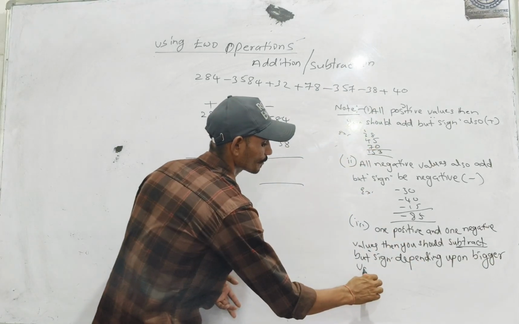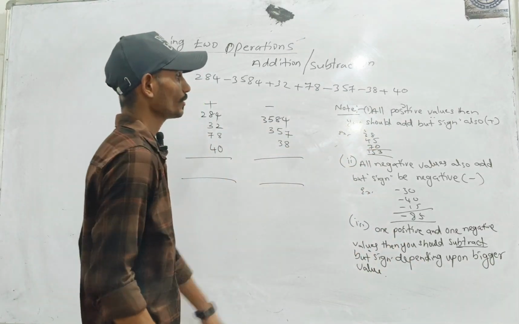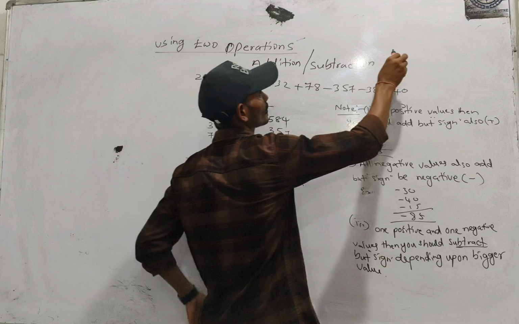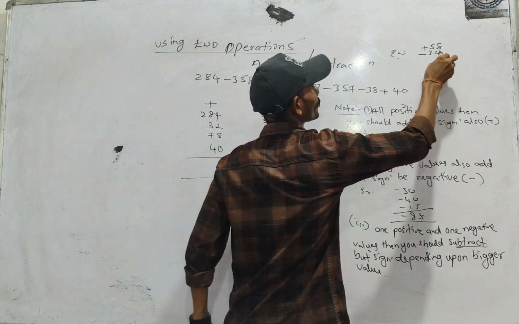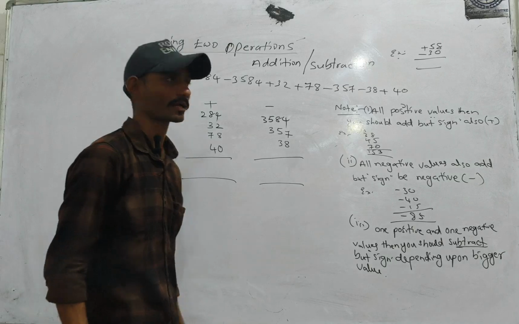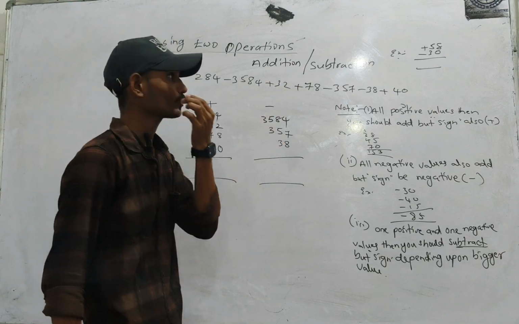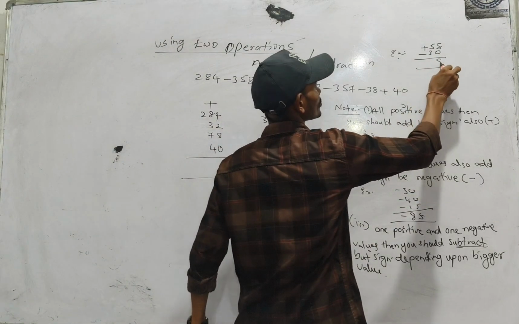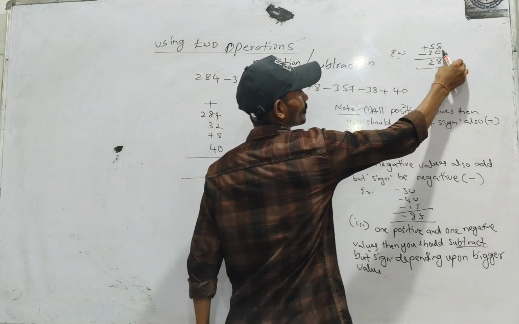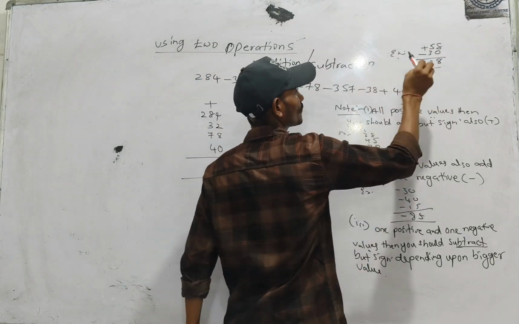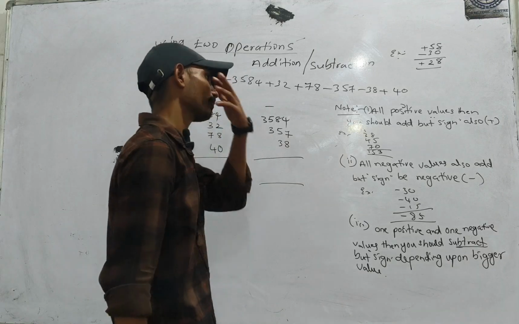Here is an example. When you get one positive value and one negative value, you subtract. Then you get 2, but the sign depends upon the bigger number. Between these two numbers, the bigger value is 58, so I put the sign of 58.